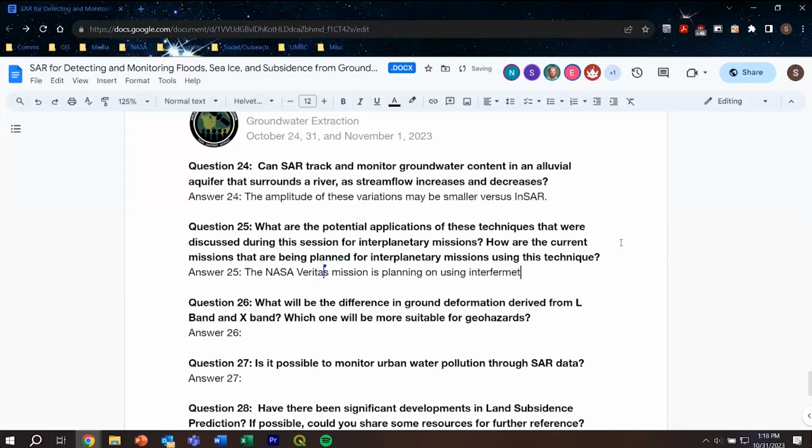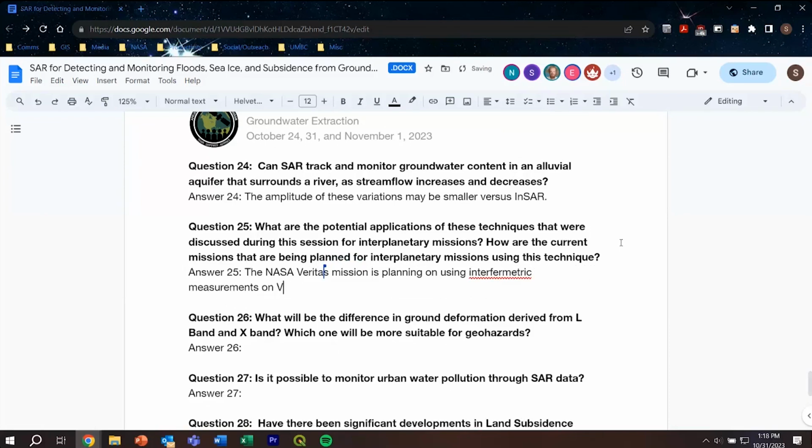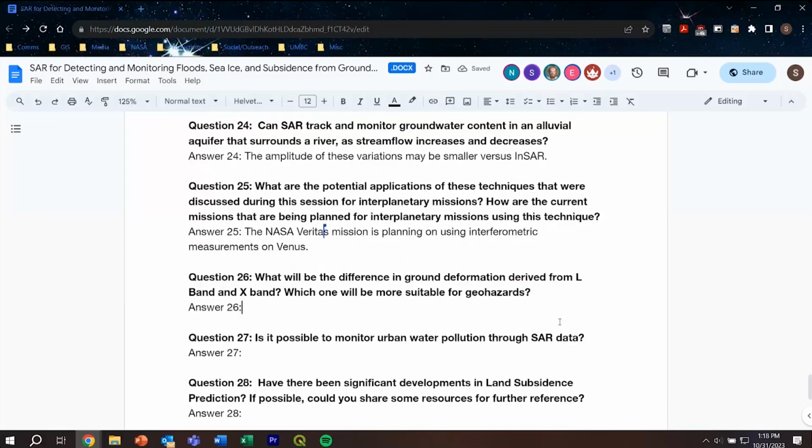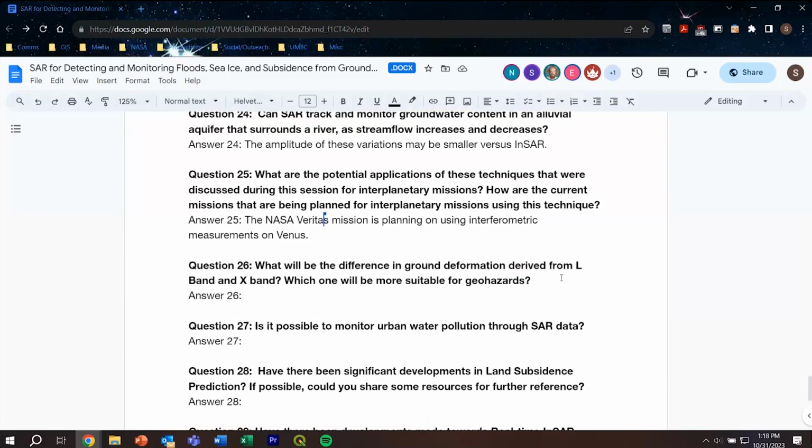All right, number 26, question 26. What will be the difference in ground deformation derived from L-band and X-band? And which one is more suitable for geohazards? The ground displacements should be the same, but the difference will be primarily in the coherence of the measurements.